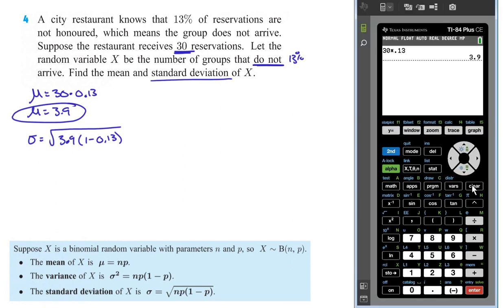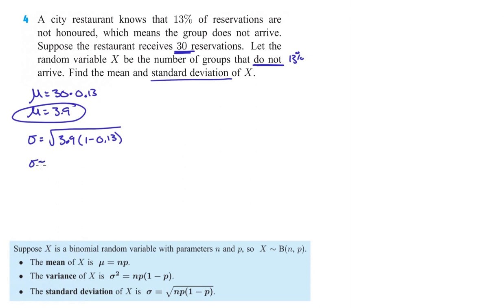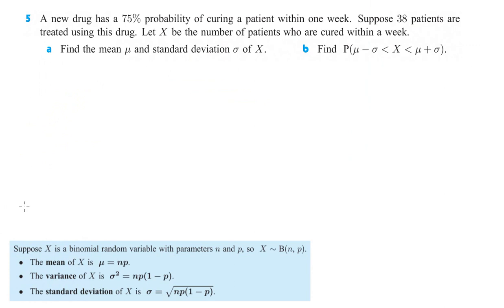So let's do this all at once: 3.9 times 1 minus 0.13. Push enter, and we get 1.84. So our standard deviation is about 1.84.